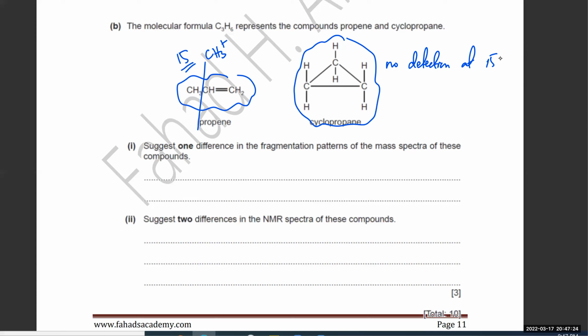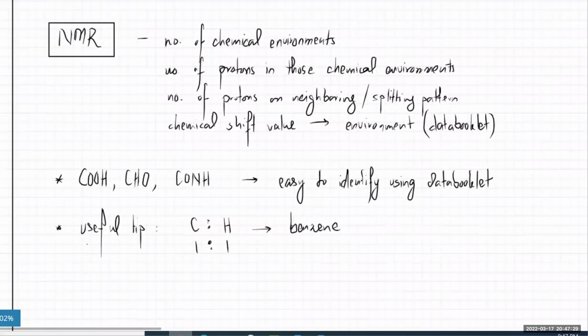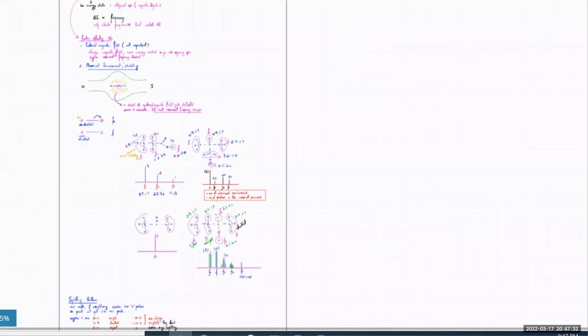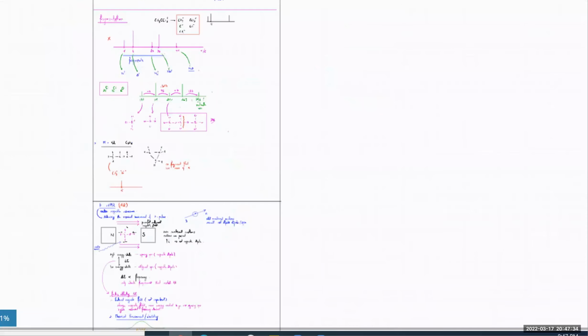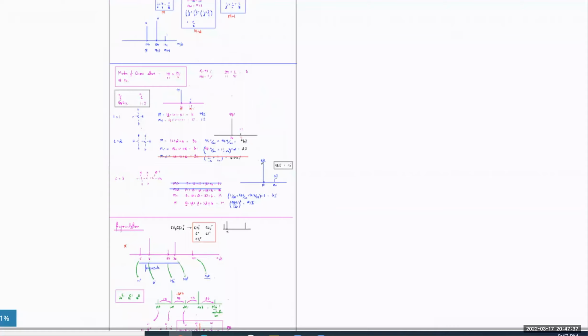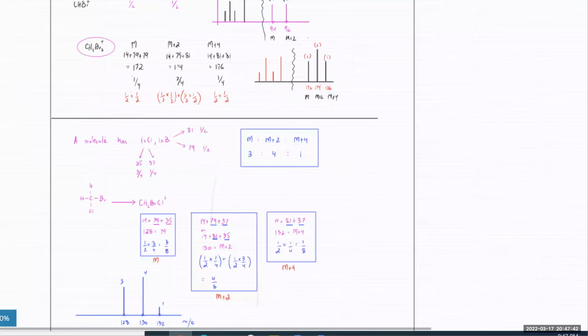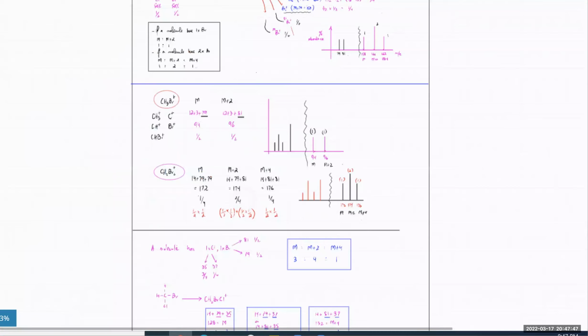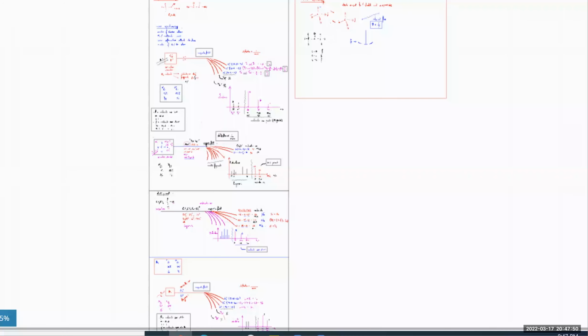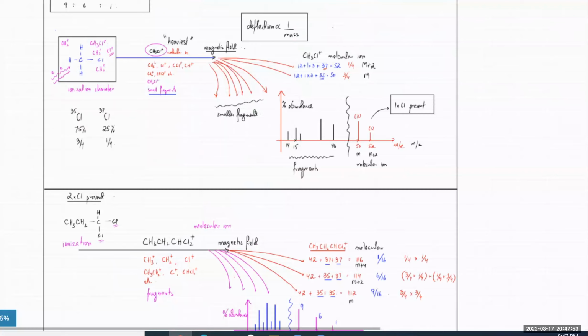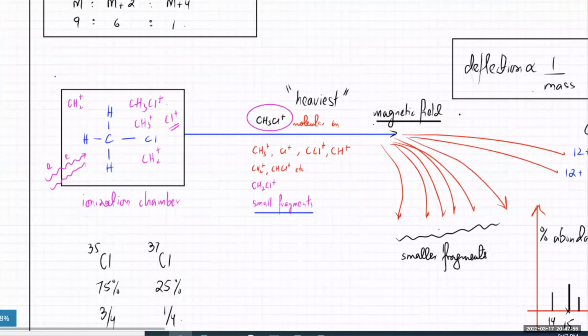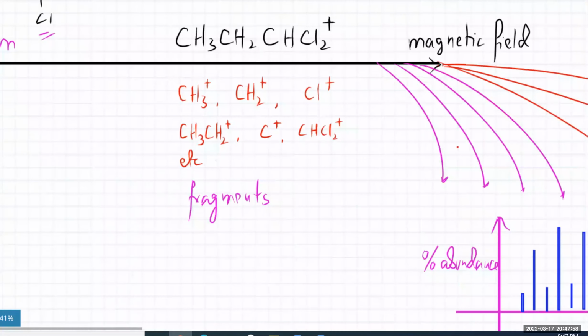Yeah, I'm just saying what happens in mass spectrum, right? What happens in mass spectrum is that you'll take a molecule and you'll bombard it with electrons, right?